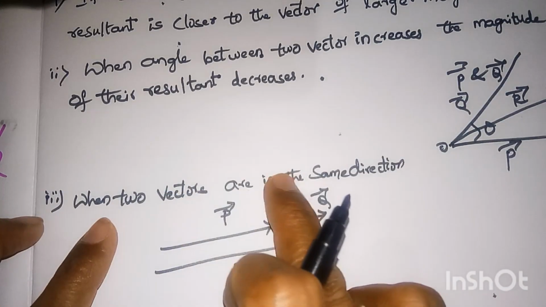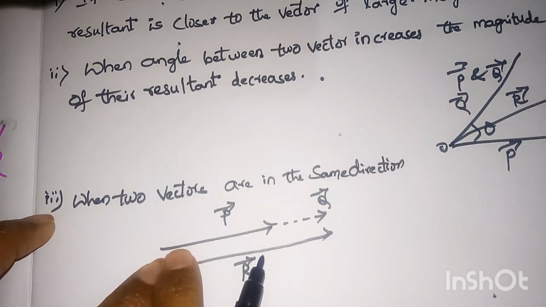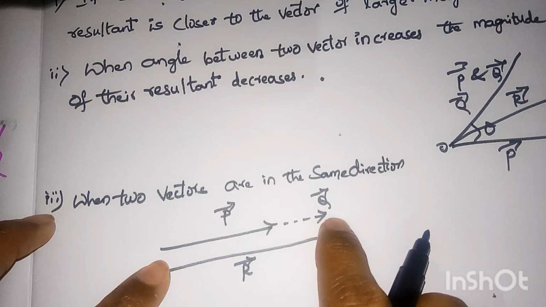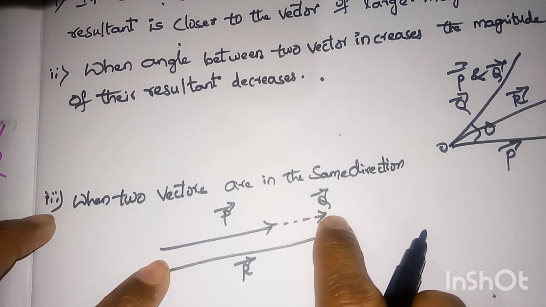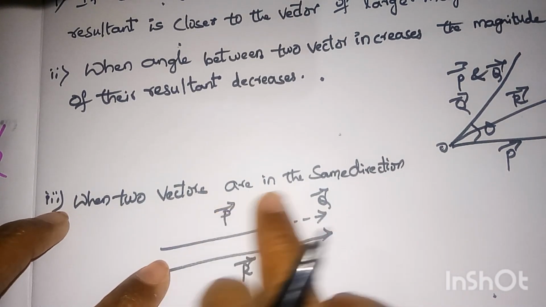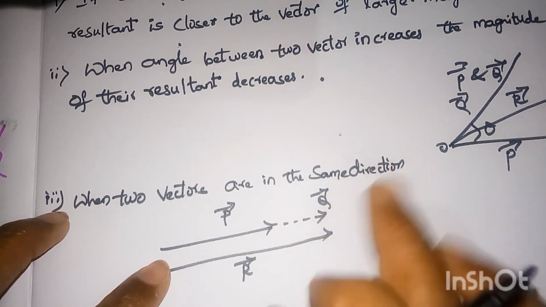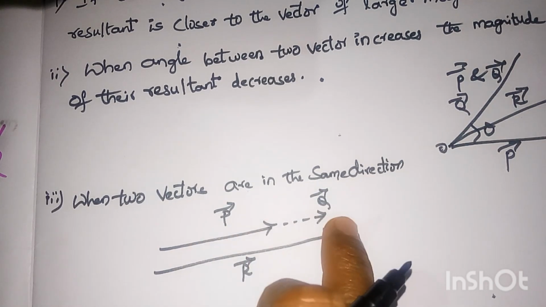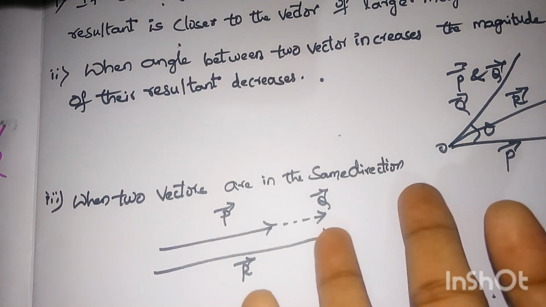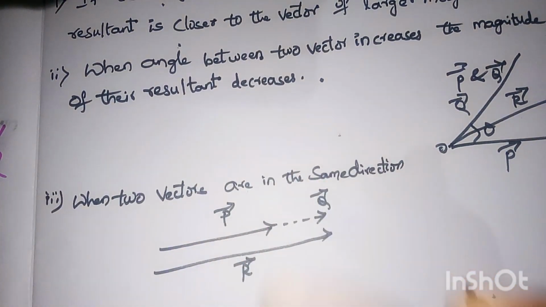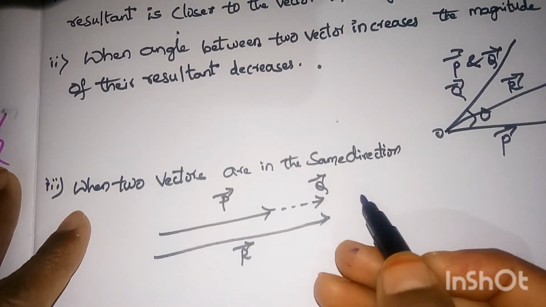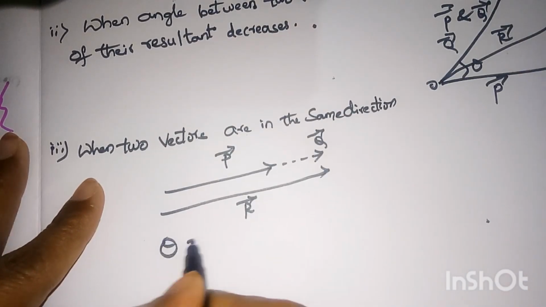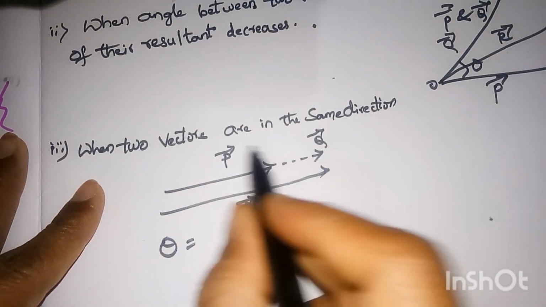If two vectors are in the same direction, you can see here P bar is moving in the forward direction along the x axis, and Q bar is also moving in the forward direction along the x axis, meaning P bar and Q bar are two vectors moving in the same direction. What will be the angle between the two vectors?